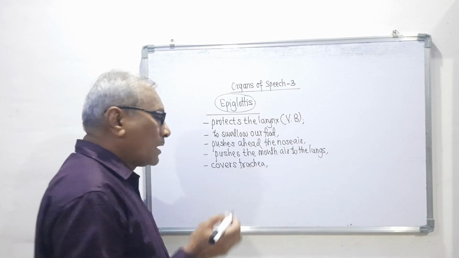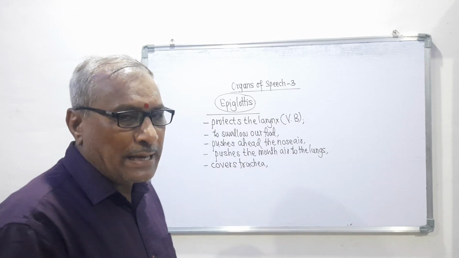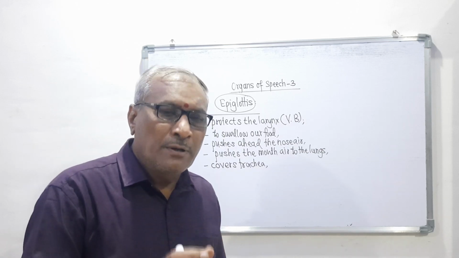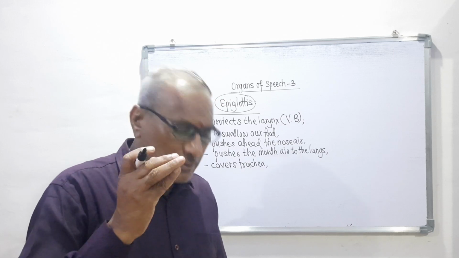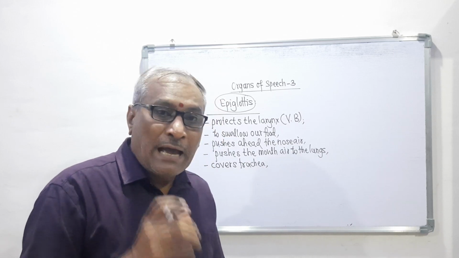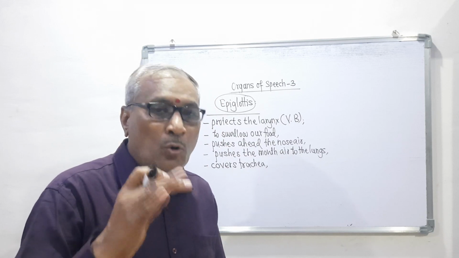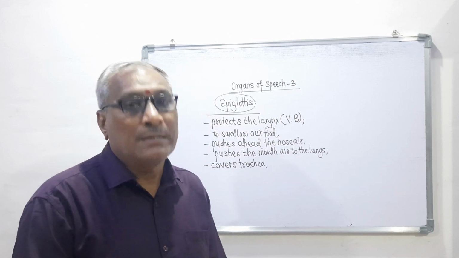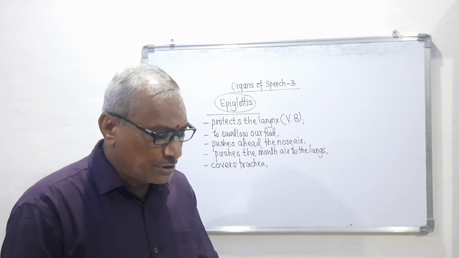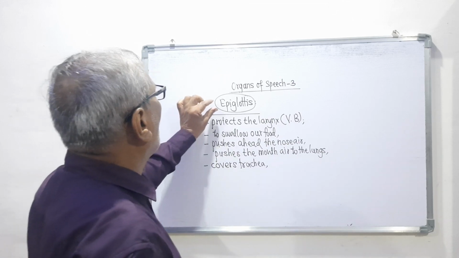Covering the trachea means it controls the trachea, that is the windpipe, and then the food does not go into the lungs. That is the main function of this epiglottis.